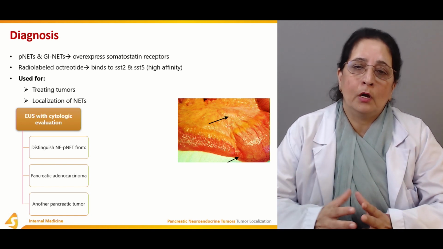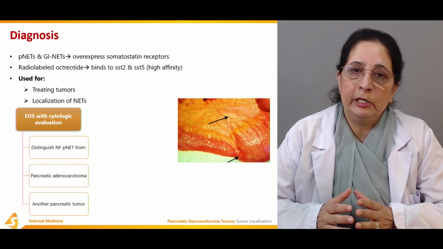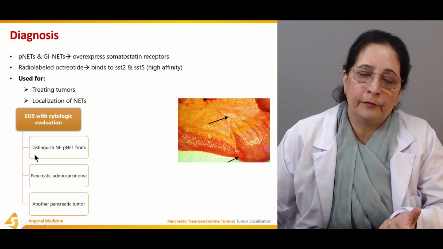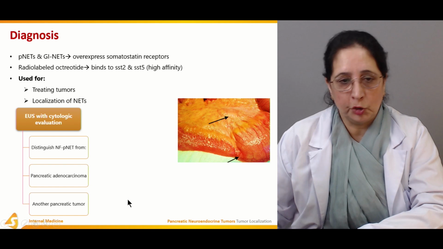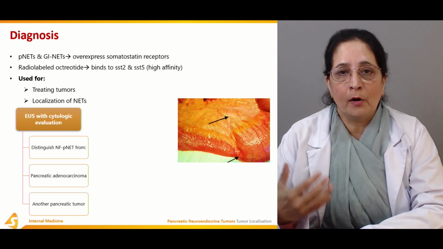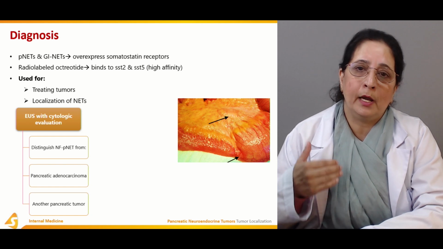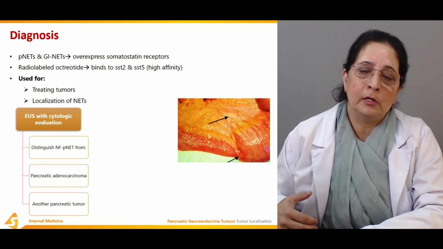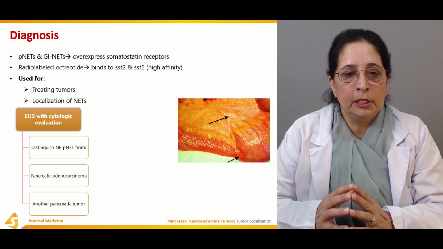So endoscopic ultrasound is performed with evaluation of the cells, which will help to differentiate the non-functional type of tumor from adenocarcinoma and other pancreatic tumors. So all these are different diagnostic tests for tumor localization, which is very important to find out the classification and staging of the tumor, and also the different treatment options we can use for the treatment of the tumor.